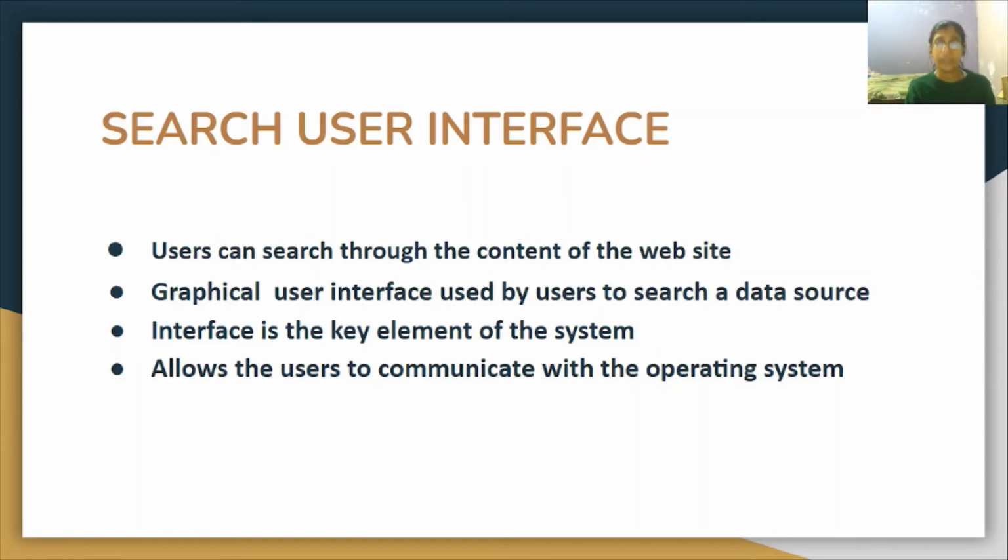It uses icons, buttons, commands, and text-based information. Users can communicate in various ways with the operating systems. It also allows users to communicate in any human language, like in a natural language user interface.